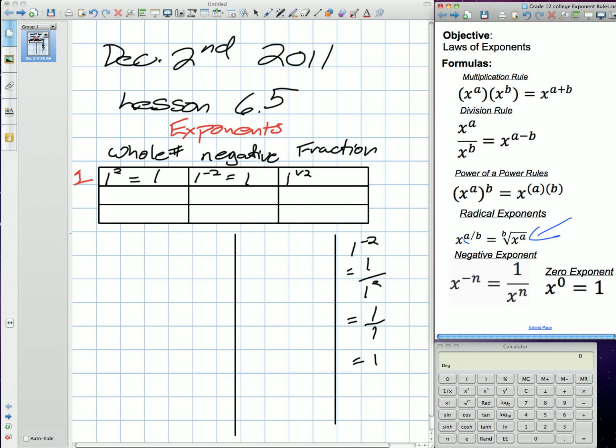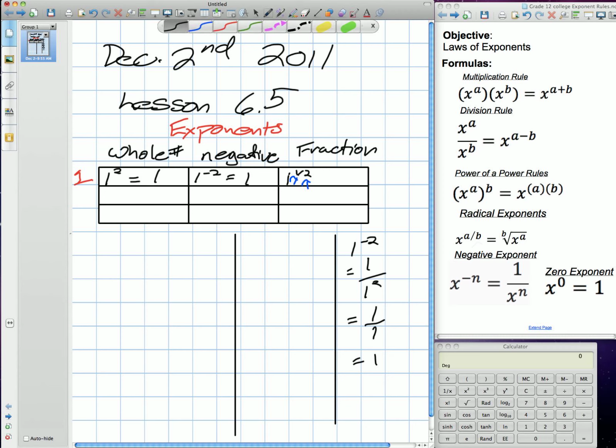In our case over here, we have a numerator of 1 and a denominator of 2. So we have 1 to the power of 1 over 2. Our numerator is the number 1. So essentially what happens is I keep the same base, and it's now put to the power of 1. That's our green one.